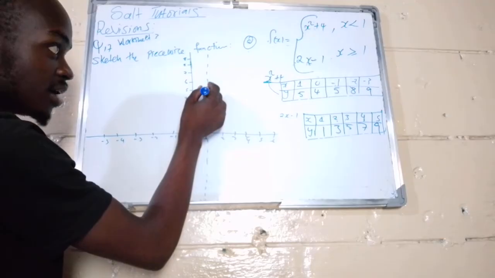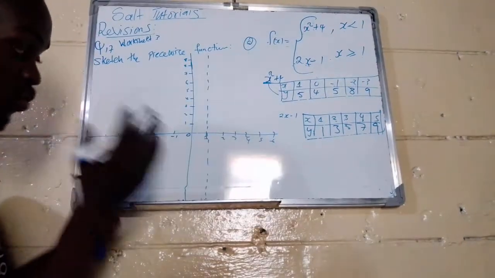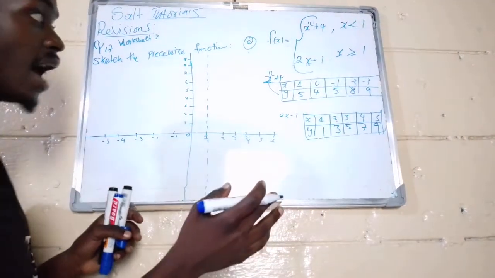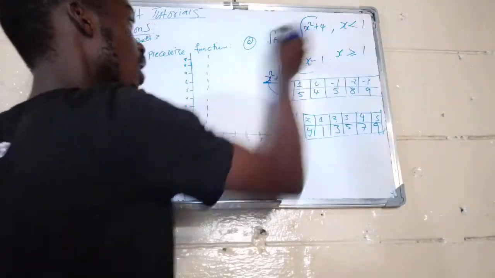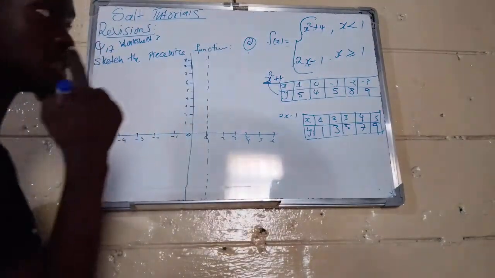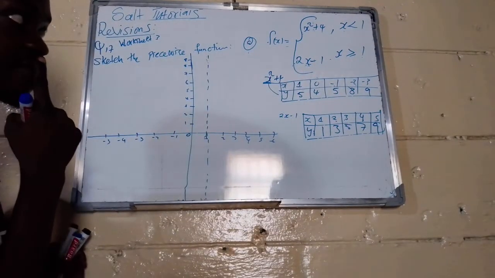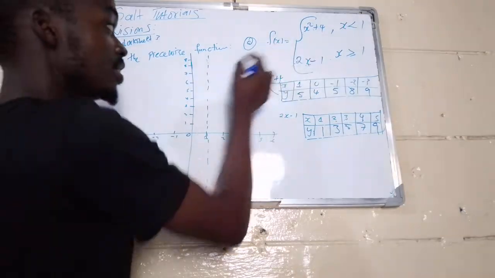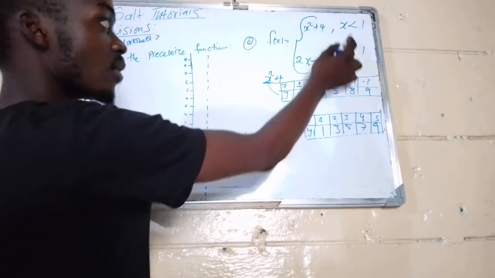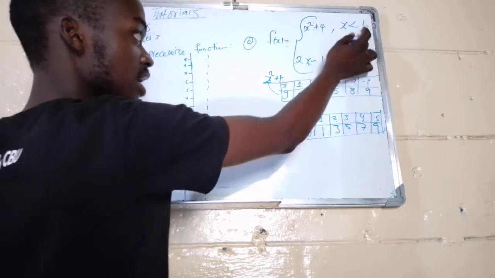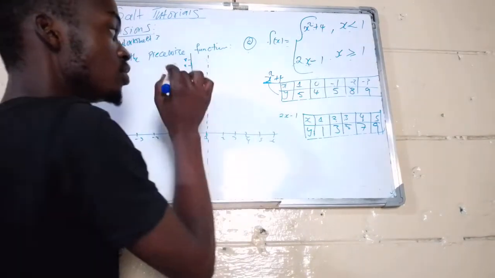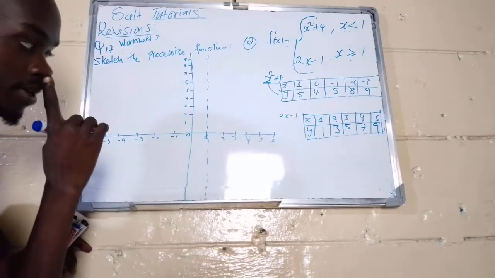Now for piecewise functions, at the boundary x equal to 1, we have to draw circles for each graph. These circles will be determined by the inequality. If it's x less than 1, then the circle I'm going to draw at that particular point should be open.